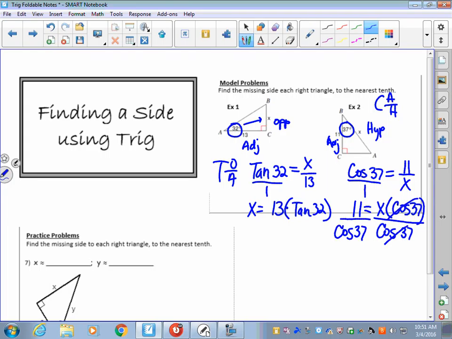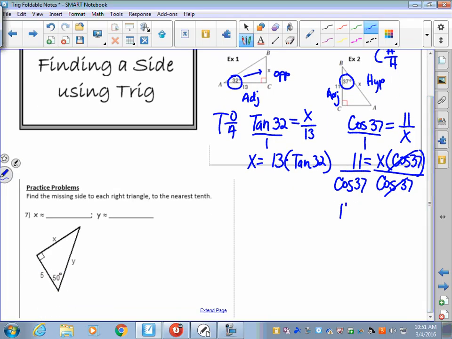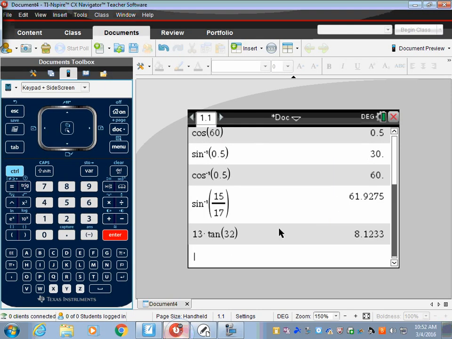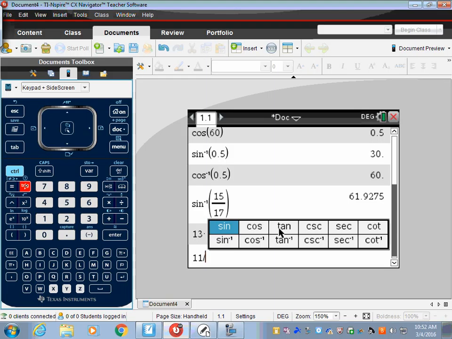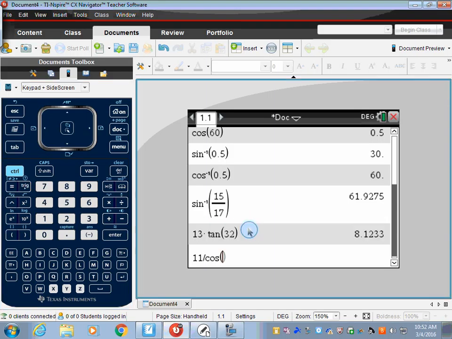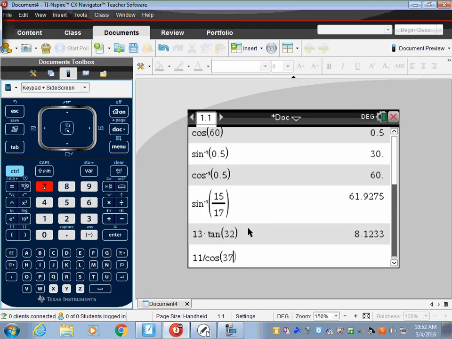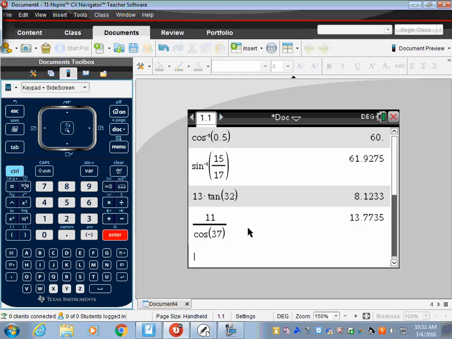So 11 divided by the cosine of 37 equals X. So you type in 11 first, then divide by cosine 37. So this would be 13.8, right?